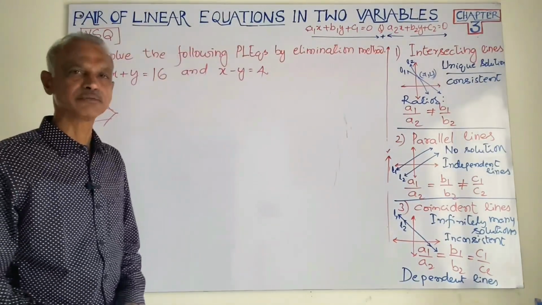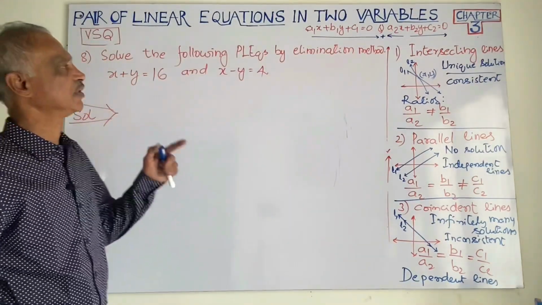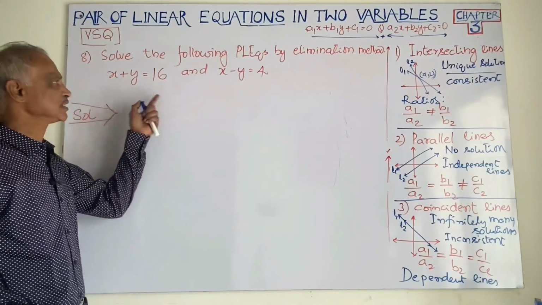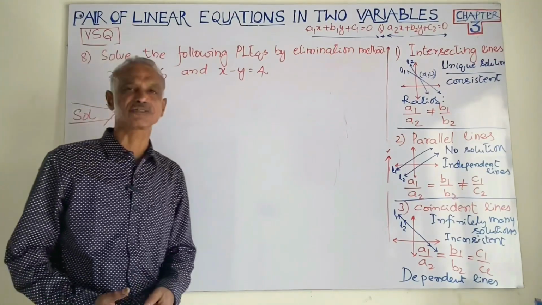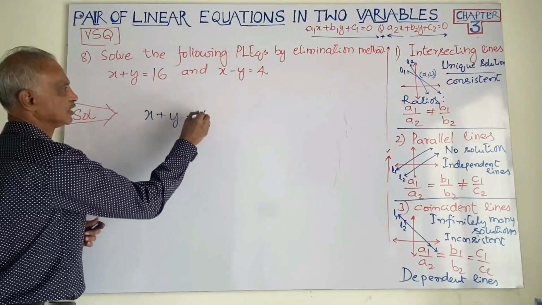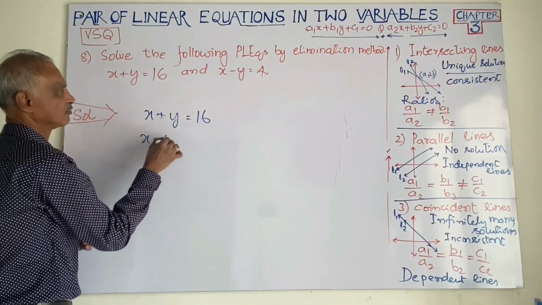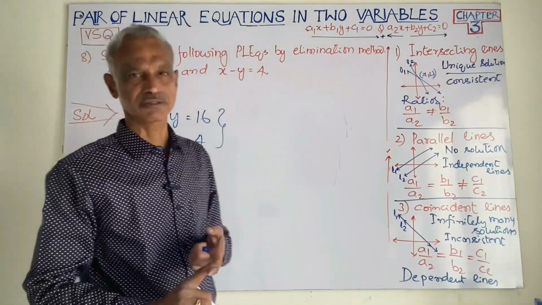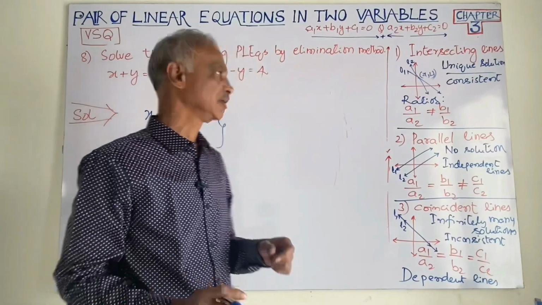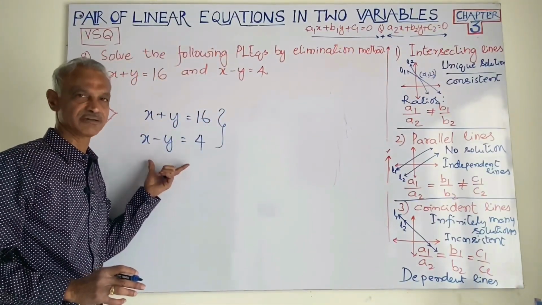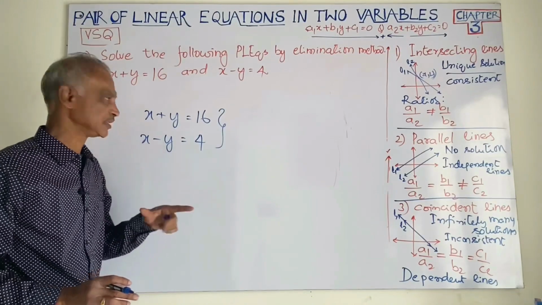What is the 8th problem? Solve the following pair of linear equations by elimination method: x plus y is equal to 16 and x minus y is equal to 4. Already I told you in basic concepts and presentation how to solve a pair of linear equations by elimination.